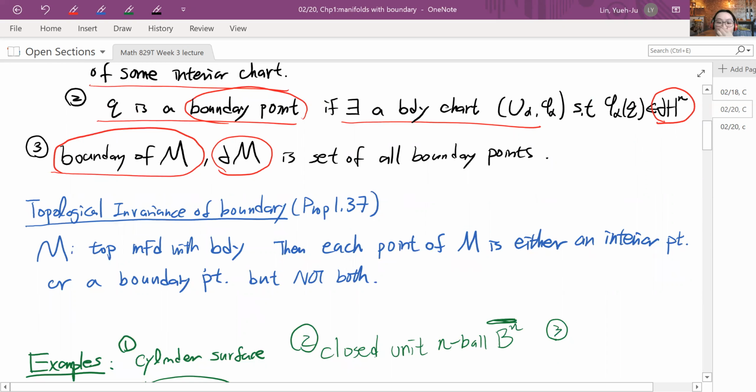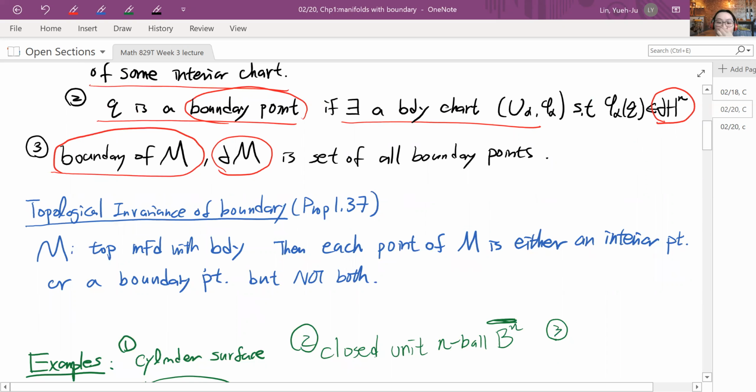The definition of smooth atlas or smooth structure is exactly the same as before. The only difference is how we define the smooth map. If it's an open set in Hn, then you need to be a bit careful, but everything else is the same.